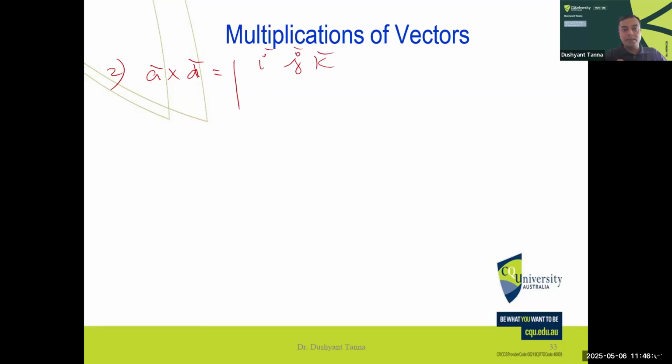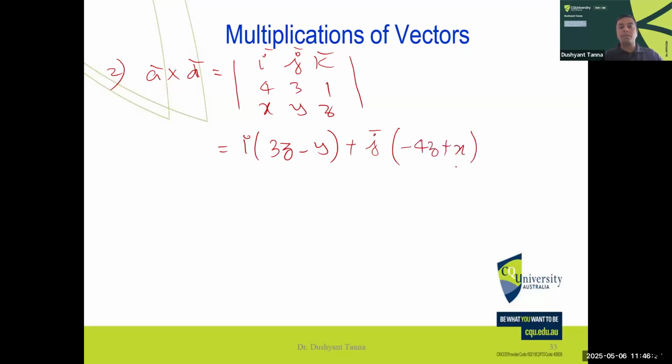A is 4, 3, 1, and D is x, y, and z. So what I get here: i times (3z minus y), minus j times (4z minus x), plus k times (4y minus 3x).